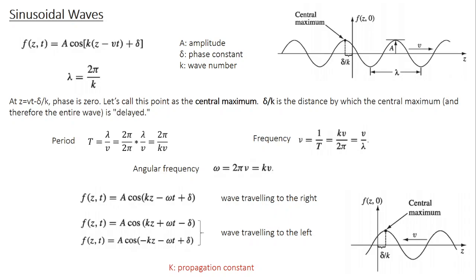Which means a waveform, however complicated it is, as long as it is periodic, finite and single valued, you can represent it using sine and cosine waves or sinusoidal waves.